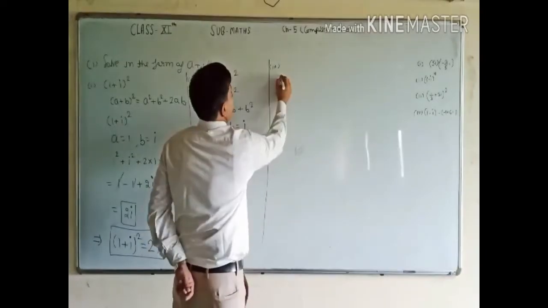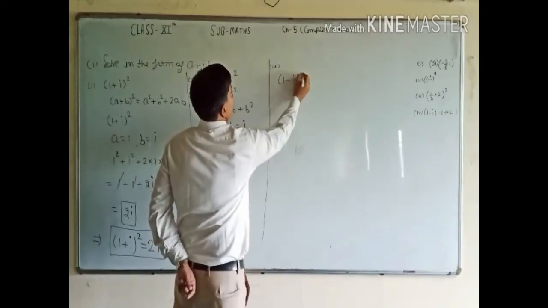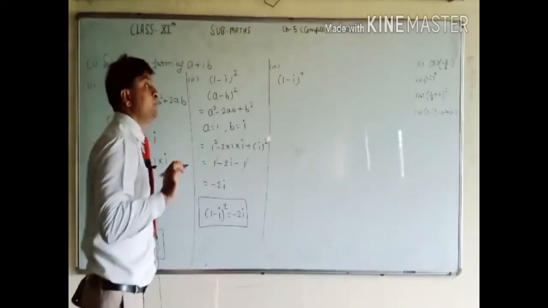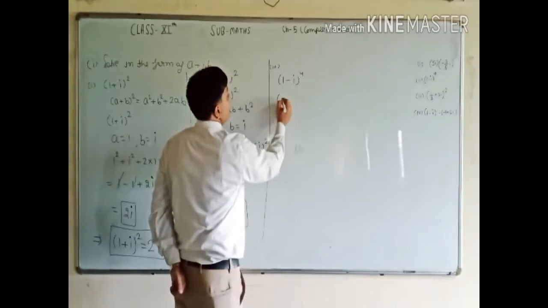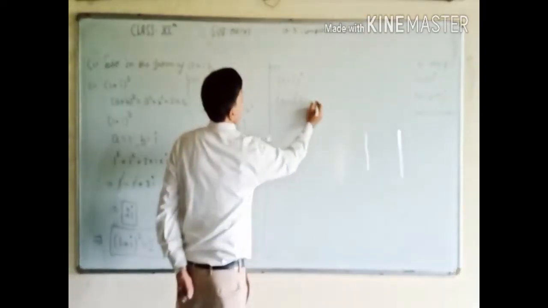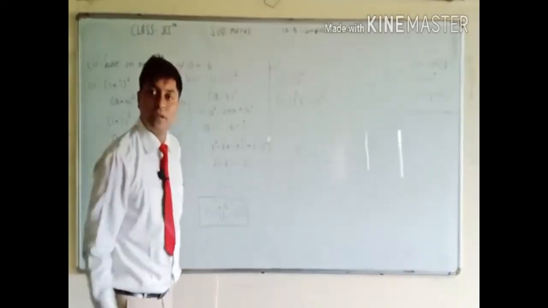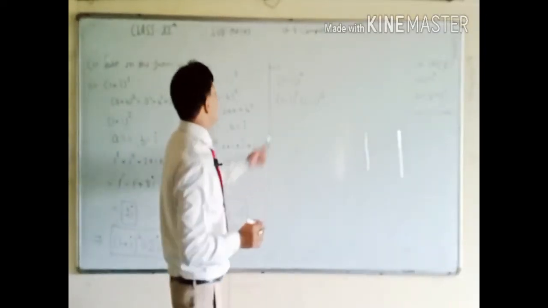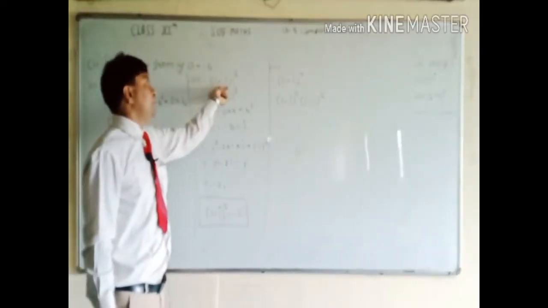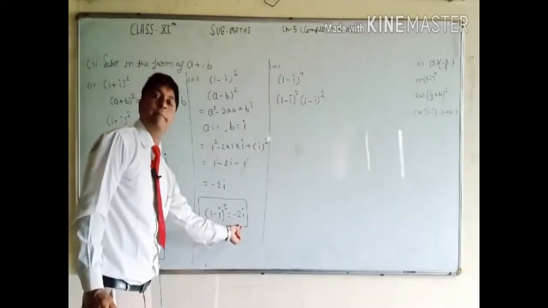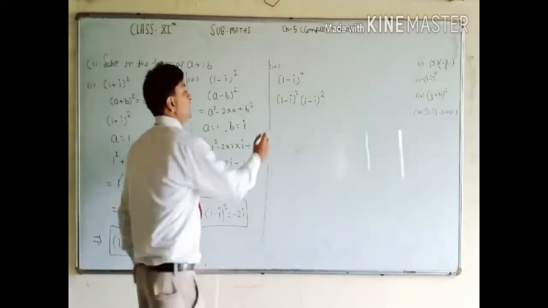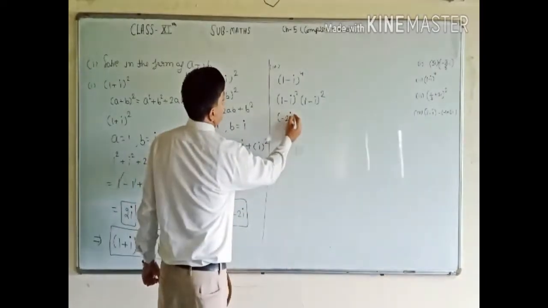Okay students, now the third question is 1 minus iota power 4. Okay students, this is a very important question, but we know that this is 1 minus iota whole square into 1 minus iota whole square, and 1 minus iota whole square is equal to minus 2 iota by the previous result. So this is minus 2 iota whole square.